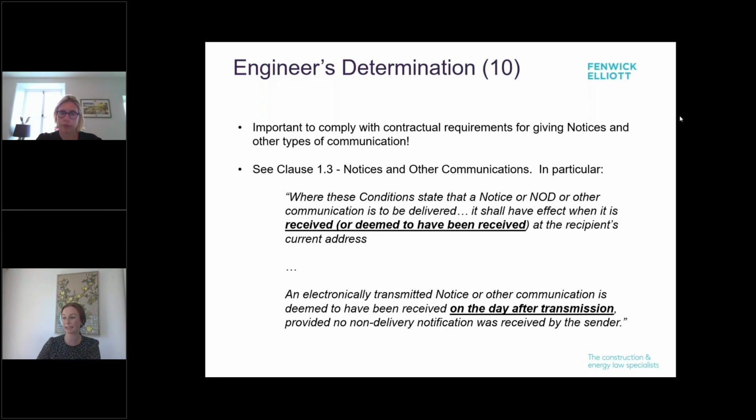So basically, if you're going to send a notice by email, you really should make sure to send it at least the day before the expiry of any deadline, so that if there's some technical issues or for some reason your email isn't received by the other side, as long as you can show that you've sent it, that you've transmitted it, then you can rely on the contract to deem that delivery took place, to deem that the contractor received the actual documents.